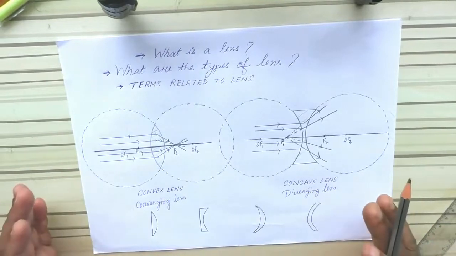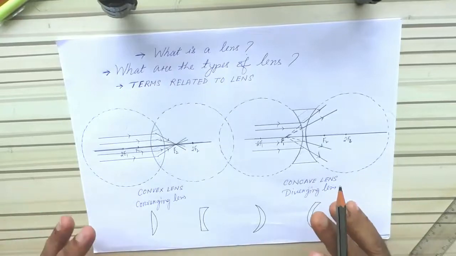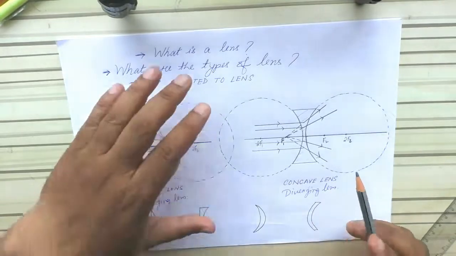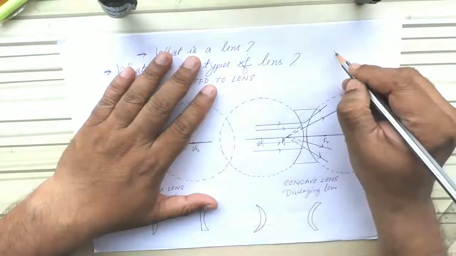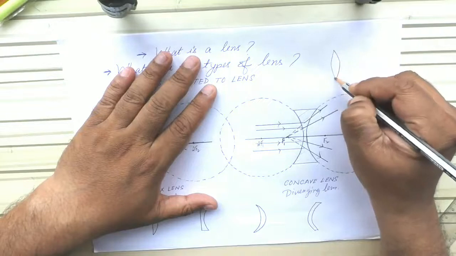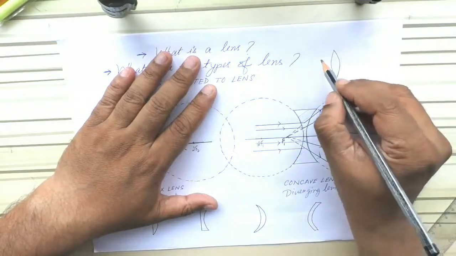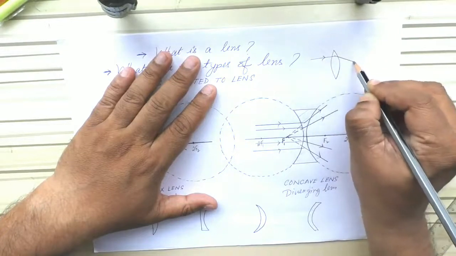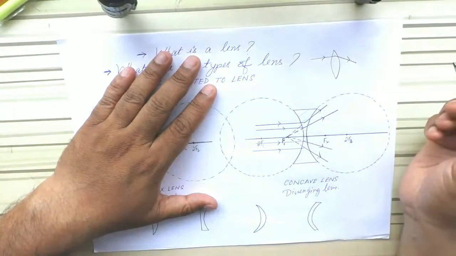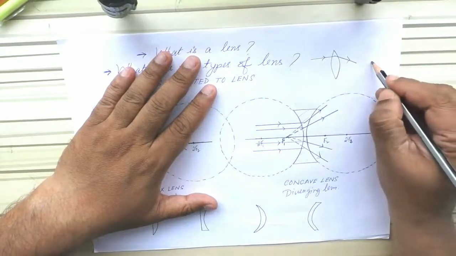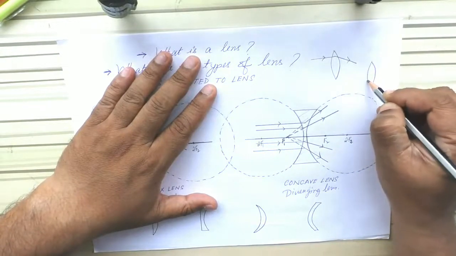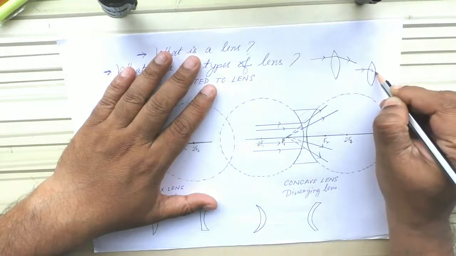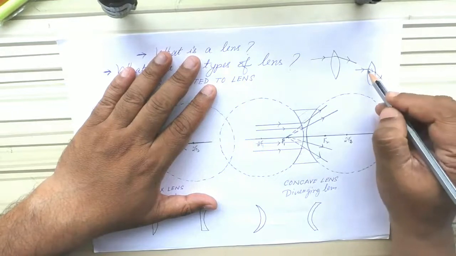Now if I ask you what is focal length, but before getting into that term, you should know what is optical center. Now this is a convex lens, and if we allow a ray of light to pass through the lens, we know that there is refraction, and when a ray of light passes through a lens, it suffers refraction two times on the two surfaces.